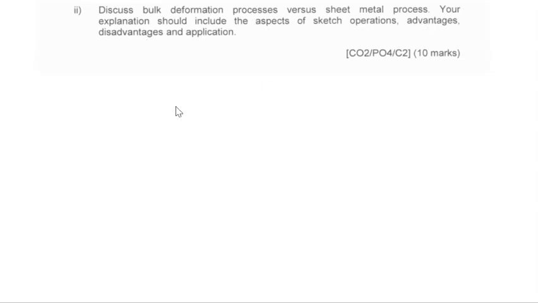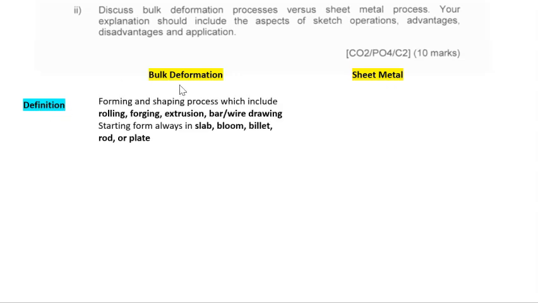So again, put the processes that we want to differentiate, bulk deformation and sheet metal. We start with the definition. Always start with the definition. Bulk deformation is the forming and shaping process which includes what type of process? Rolling, forging, extrusion, bar or wire drawing. And what is the starting form?